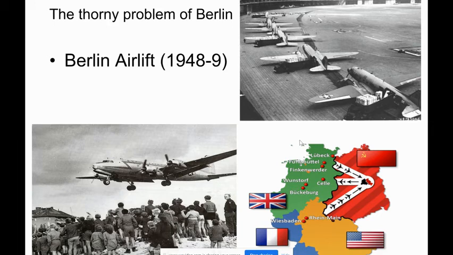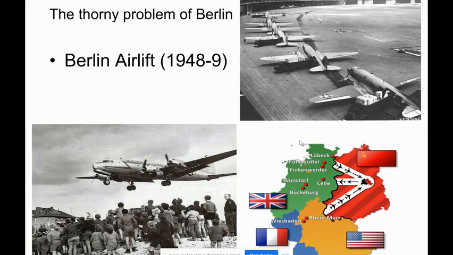And so this is kind of a risk. This was a gamble. Those planes could have easily been shot down, and it would have probably led to war. But we kind of gambled on the idea that the Soviet Union wouldn't do this, that they didn't want to be seen by the world as the aggressor. And they didn't. They didn't shoot down any of the planes. And so for the better part of a year and a half, this is what we see.